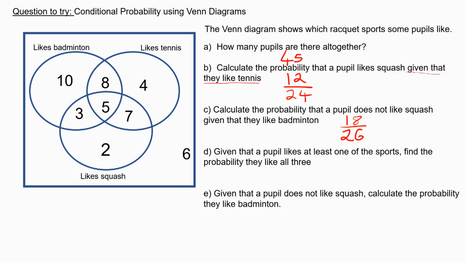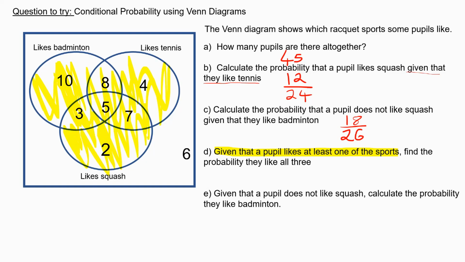Given that a pupil likes at least one of the sports, find the probability they like all three. Now that looks like a tricky question, but given that a pupil likes at least one of the sports just means that they're somewhere inside the circles. So we restrict ourselves to the circles and we ignore the 6 on the outside.